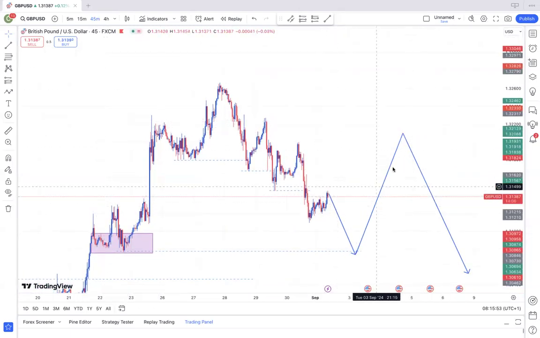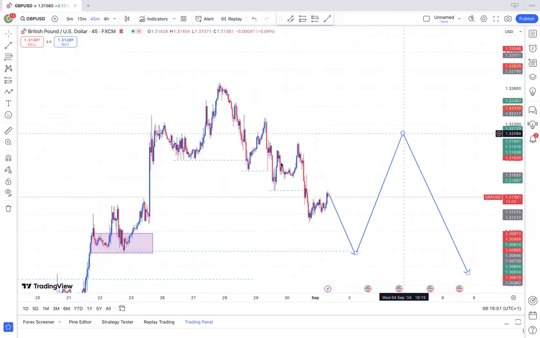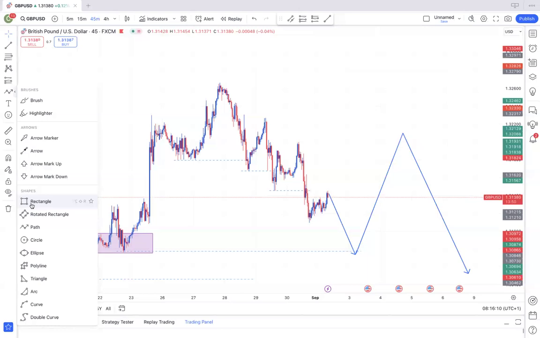Now, I'm going to explain a case scenario of if this area doesn't hold. If market doesn't sell from this region, if it fails to react from these areas, then we would automatically be expecting the continuation of the buy patterns.